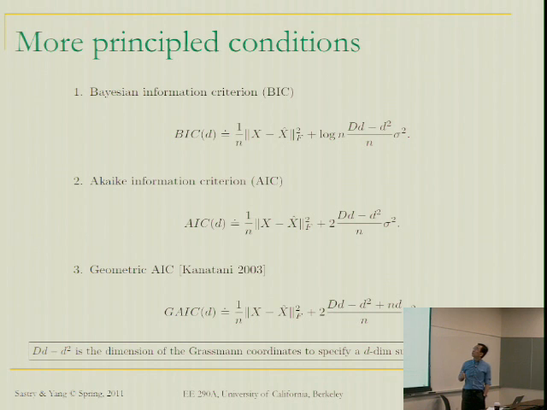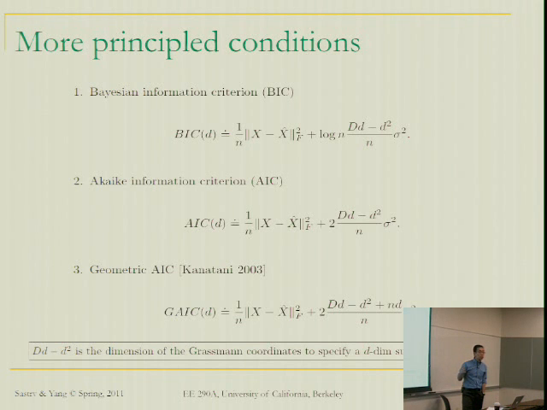So in the textbook, we have seen 3 conditions. The first one is called Bayesian information criterion. And the second one is Akaike information criterion. And the third one is an extension of the AIC called the geometric AIC, which was proposed around 2000 and 2003. So in fact, if you want to derive these conditions, the derivation will be much more involved.